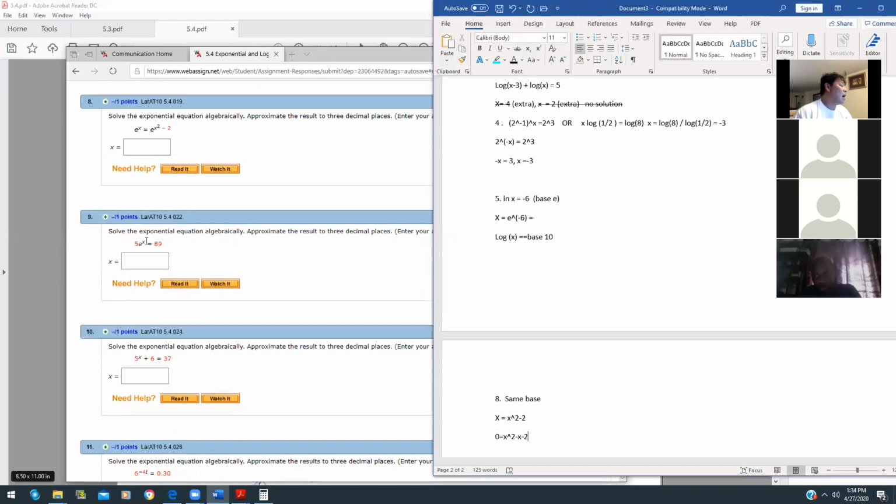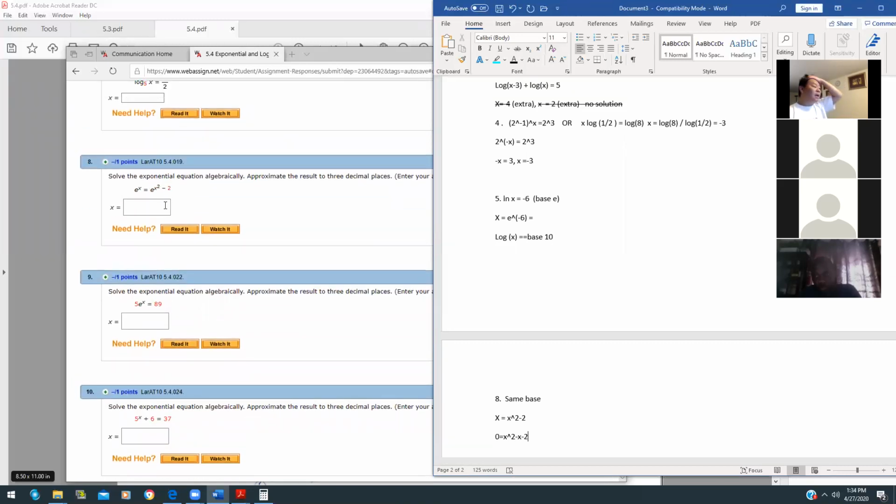Okay, so let's go back to this one. Once we cancel this and move the x to that side, make it a quadratic in standard form, you have to factor this. Does anyone know the factors of x squared minus x minus 2? X with x, x what?